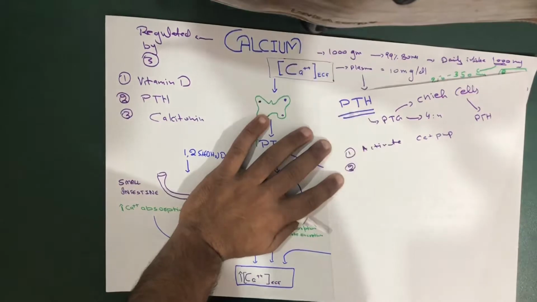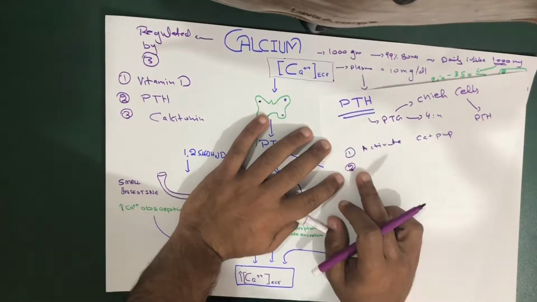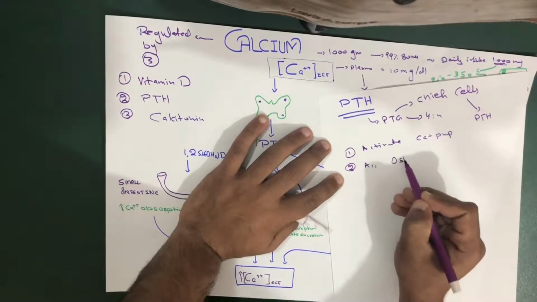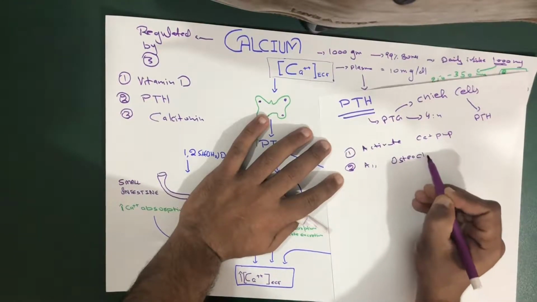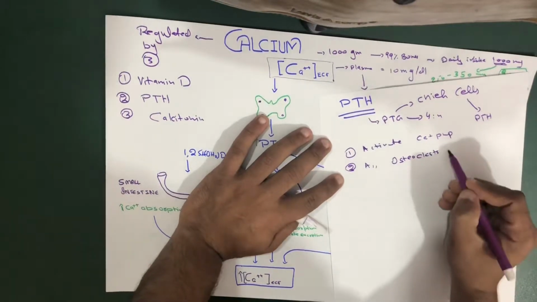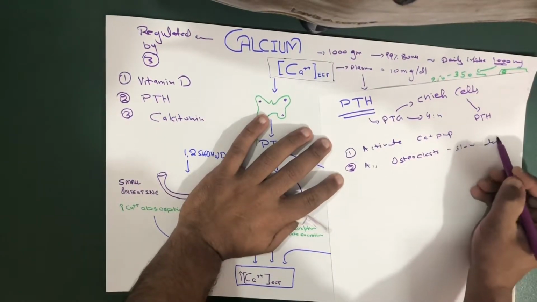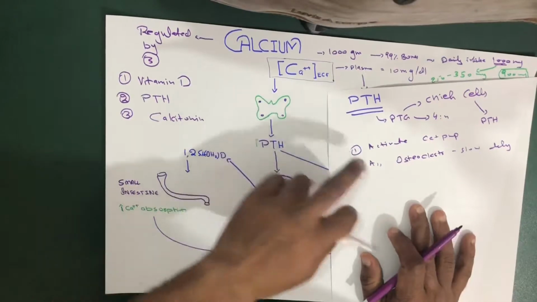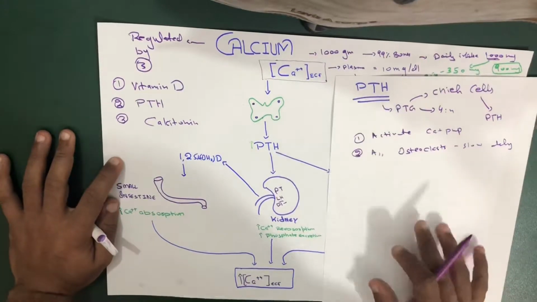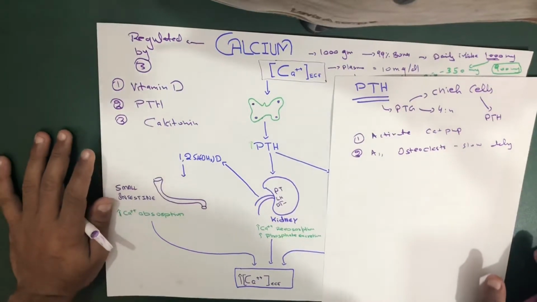The second effect is the activation of osteoclasts and the formation of new osteoclasts, which is very slow and delayed, it takes time to occur. The quick action is the first, because we need calcium early to maintain the calcium level.